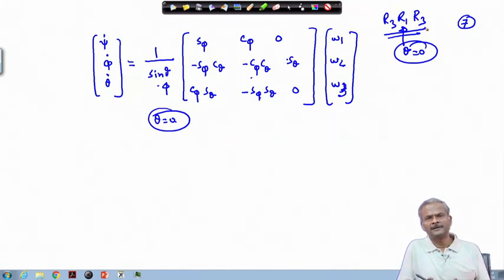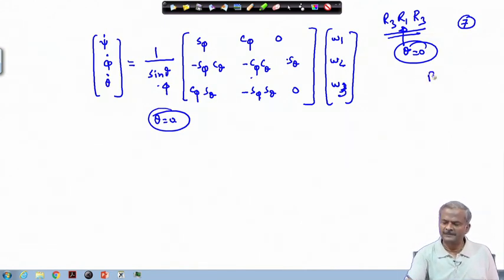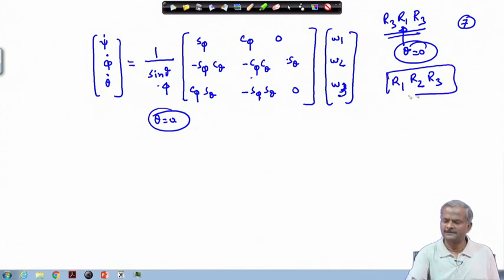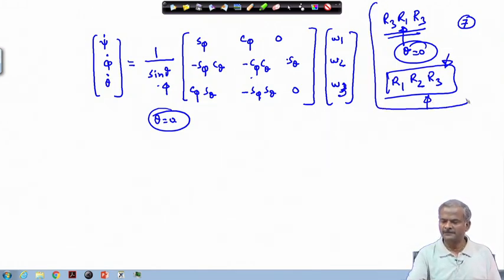You should avoid this, and rather use the first rotation about R3, then R2 and then R1. Then you will not face this kind of trouble, but certain other kinds of trouble can be there. In due course of time, obviously, those things will appear. Right now we should not worry.